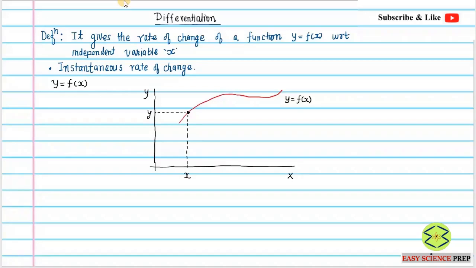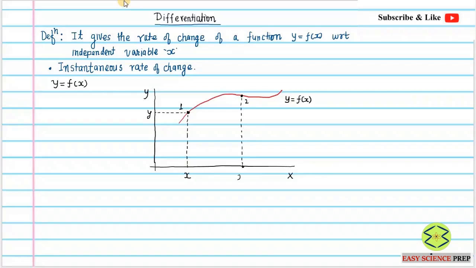Now if you take another point somewhere here, this is point 1 for instance, and let me call this point 2. If you take point 2 here, it will have some next coordinate.